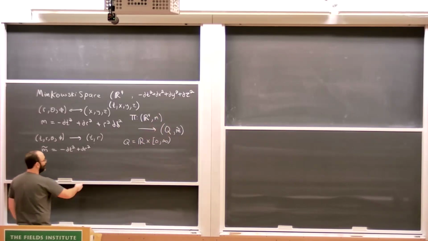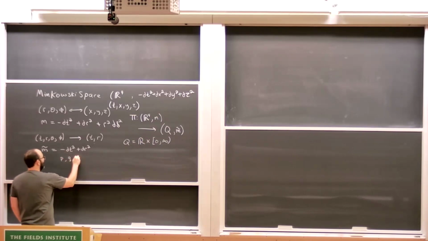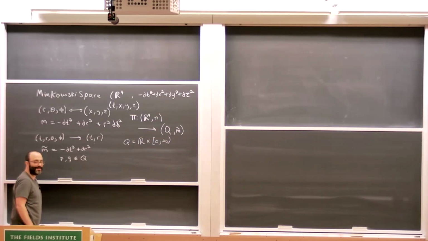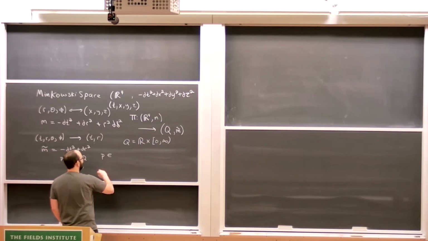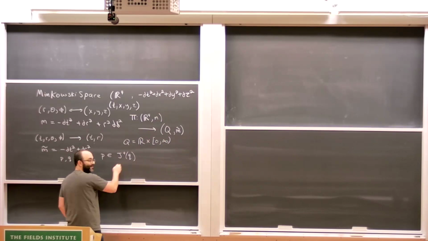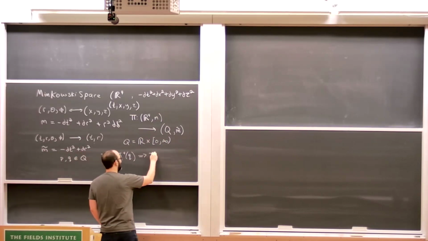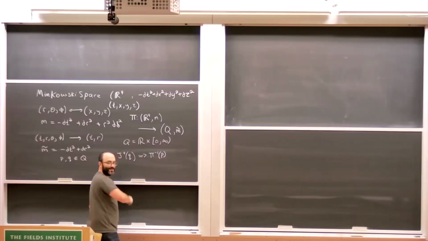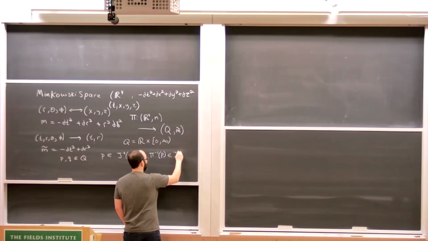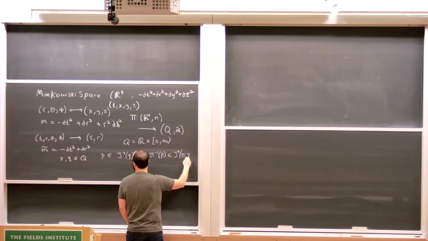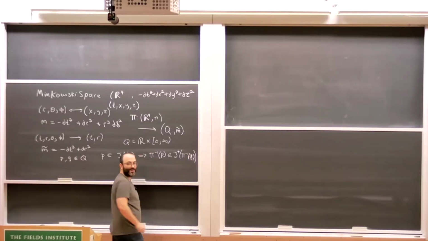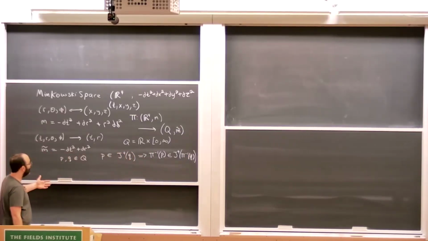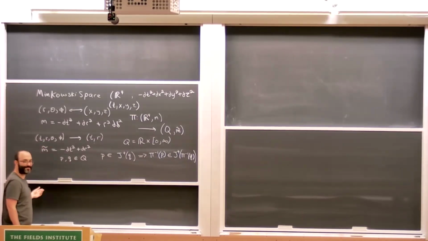So for example, if we have p and q in here, and p is in the causal future of q, then when you lift, putting back the sphere, the sphere is in the causal future of the lift of q. Of course we got rid of a lot of information by doing the quotient, but nevertheless the causal information down here is still meaningful. Right?